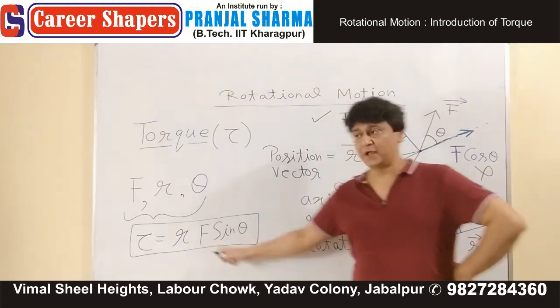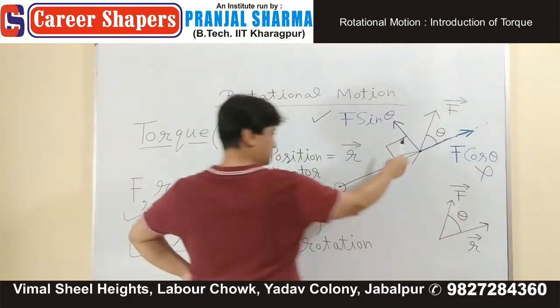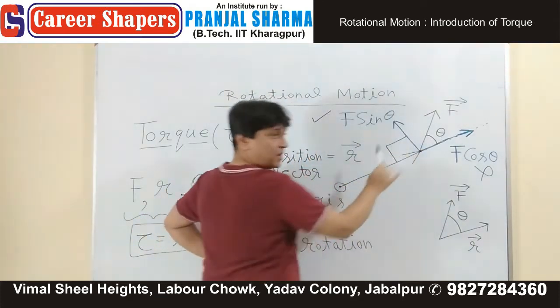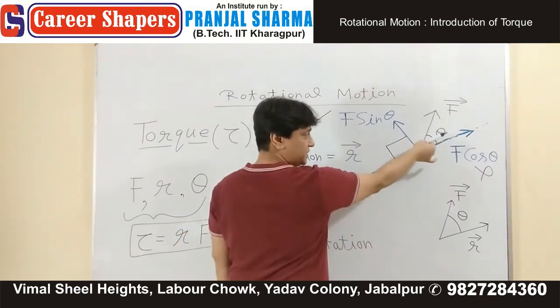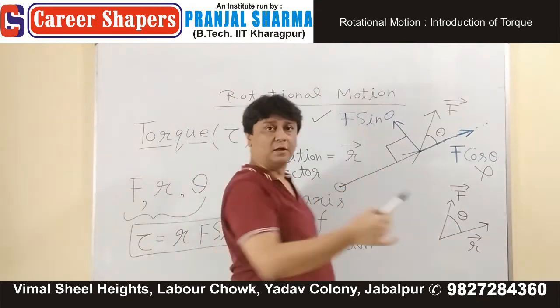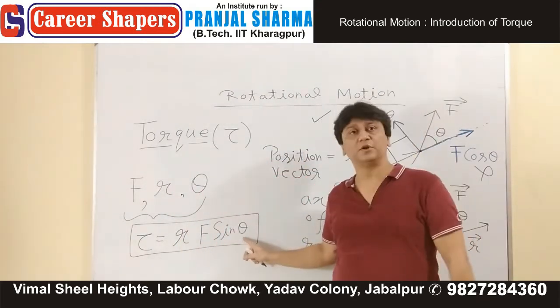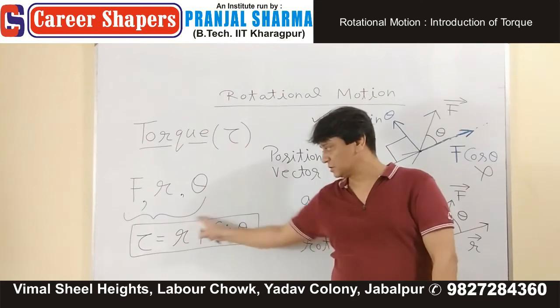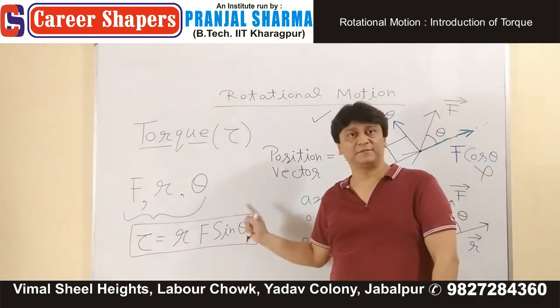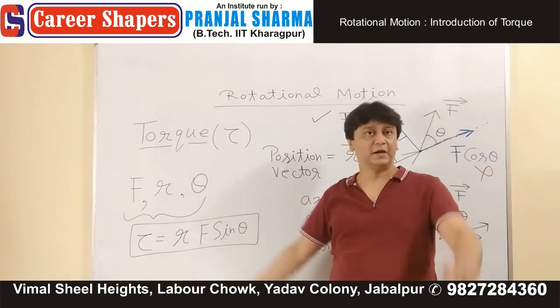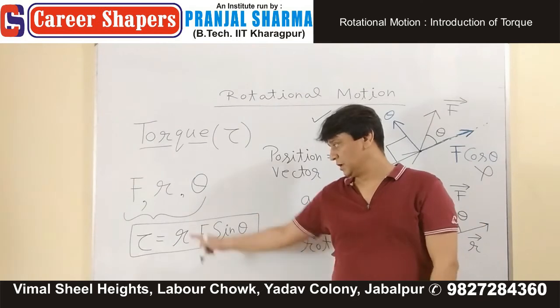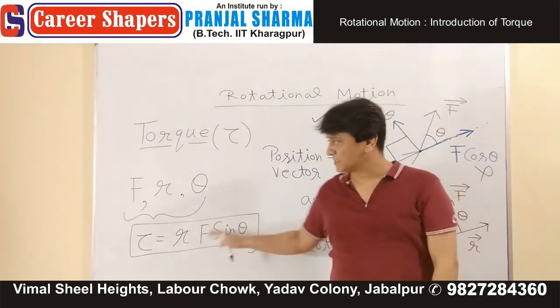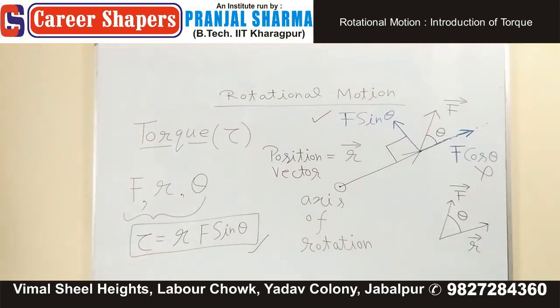R भी है, F भी है, but if entire force is in this direction, that means it's parallel to R. Theta is what? 0. What is sine 0? 0. So this product RF sine theta, which is called torque, decides whether a body is going to rotate or not. Write down this much, and if you understand the whole thing, then write down yes in the comment box.